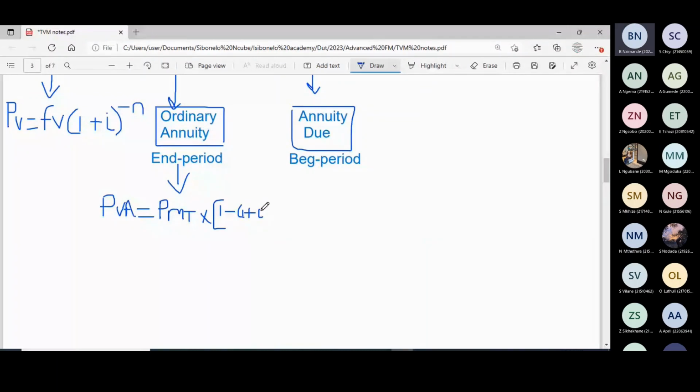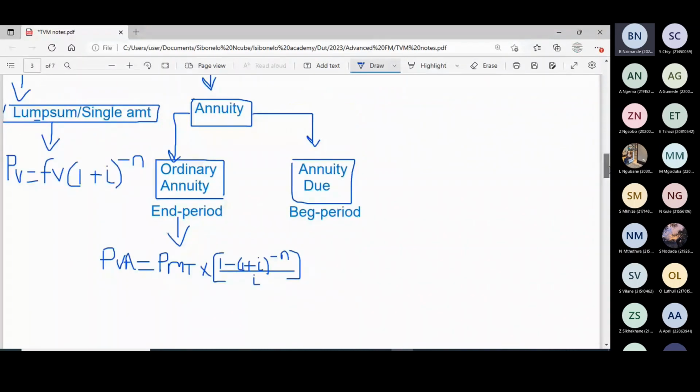This formula is applicable in the case of an ordinary annuity. How do you see that you are dealing with an ordinary annuity? You check whether the investment, payment, or receipt is made at the beginning or at the end of the period. If it is at the end, then that is an ordinary annuity.